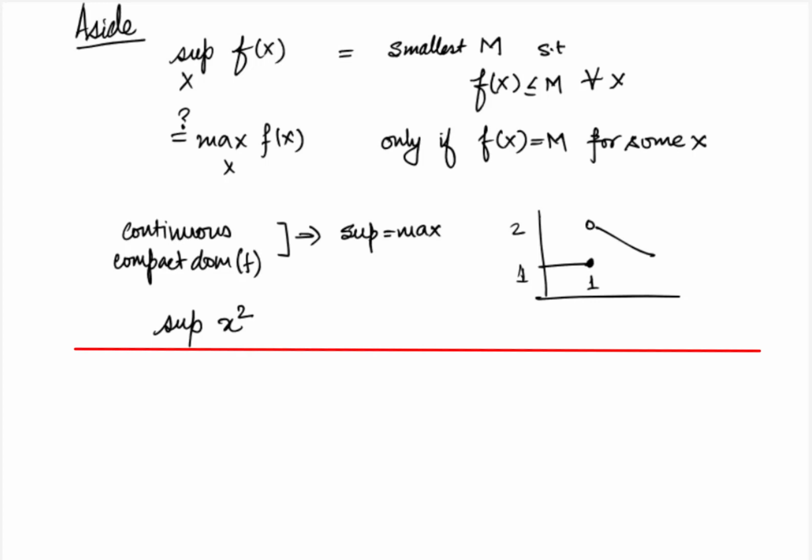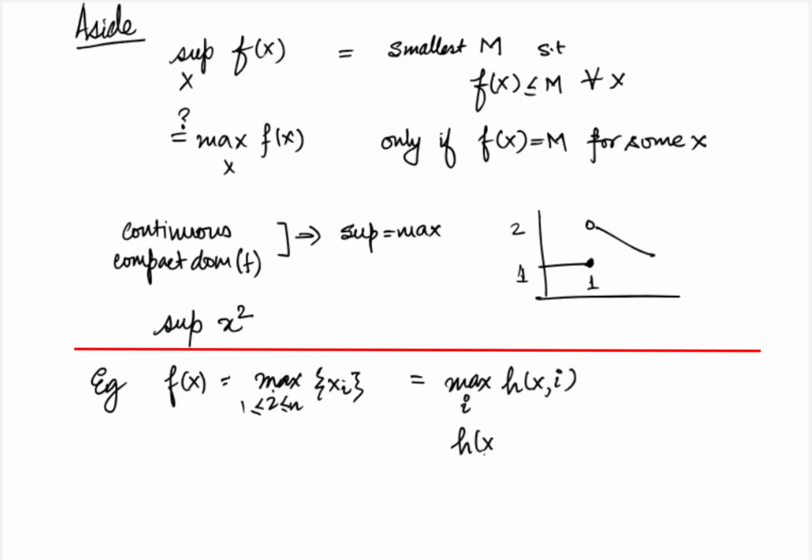Before concluding, let us take a look at an example. Consider a function in Rn which is the maximum of all its entries. That is, pick the largest entry of the vector x, and that is the value that the function takes. You can write it as max over i of xi, and equivalently as max over i of h of x comma i, where h of x comma i is the function that takes the vector x and integer i as inputs and outputs the ith entry of x.